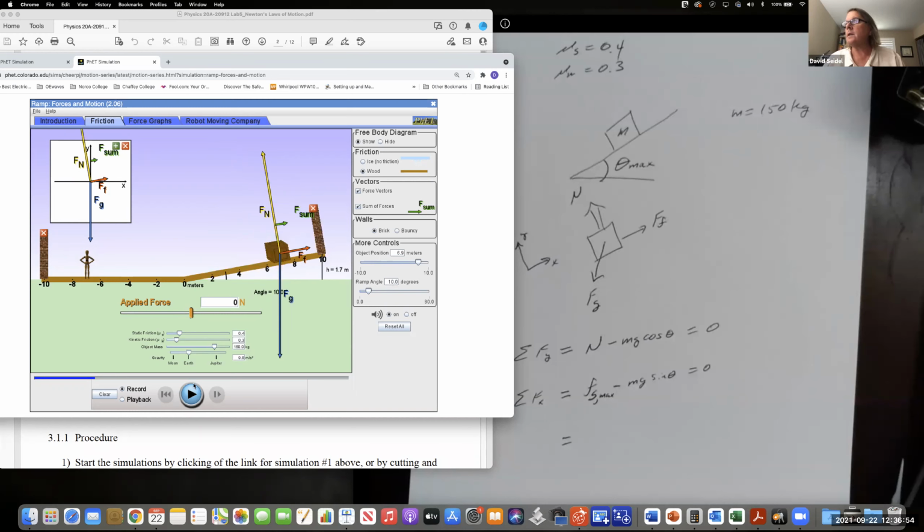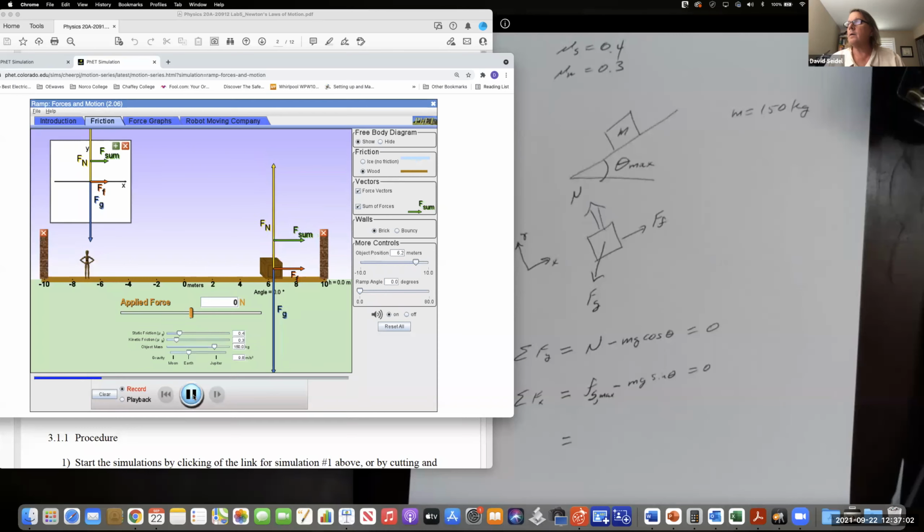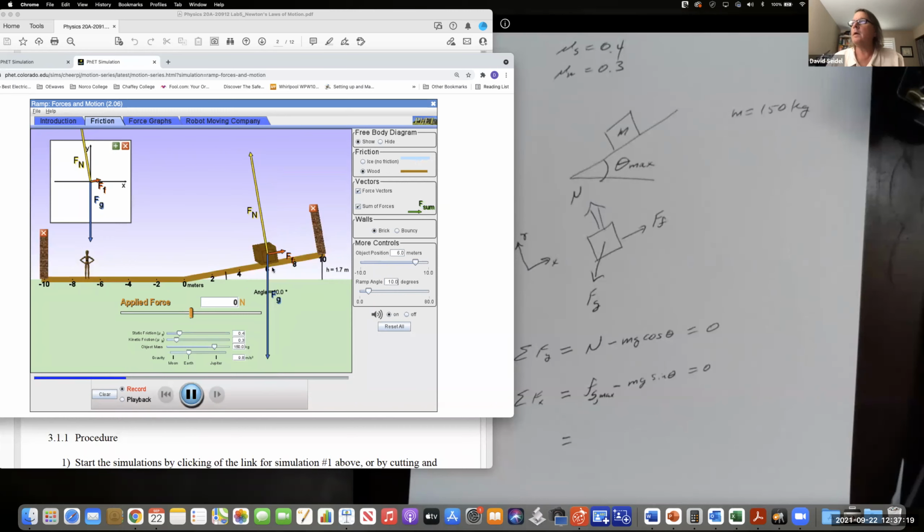Let me hit play here, because I really need to get it back down, and have it come to a stop again. So we have it coming to a stop again. If I go to 10, here's my vector size for my force of friction.